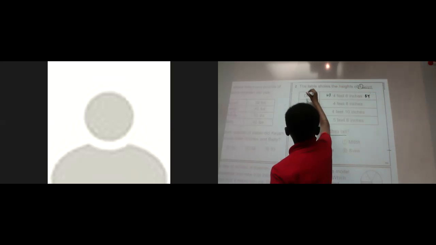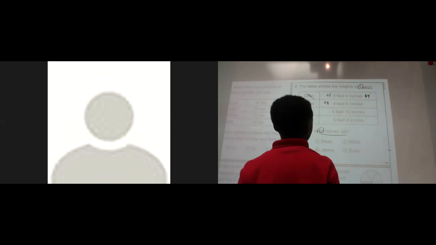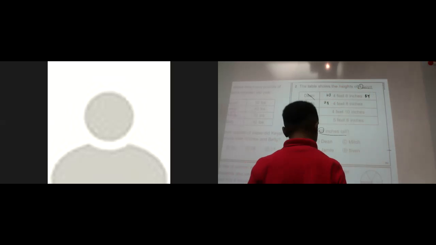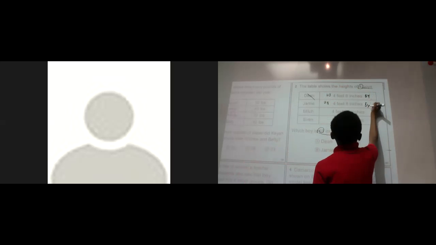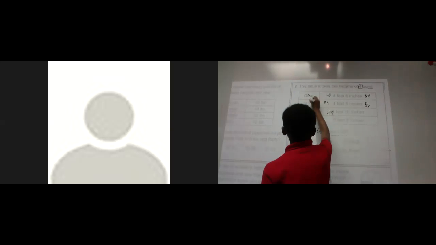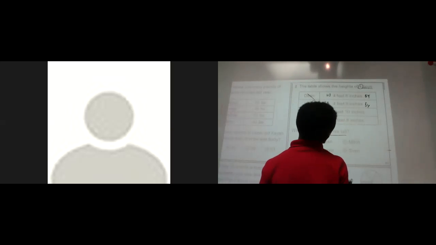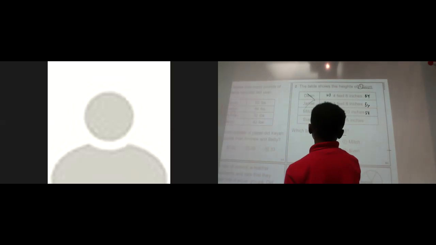The next one, you know that the 4 feet is 48 inches. And just add on your extra inches. So 48 plus 10 is 58.